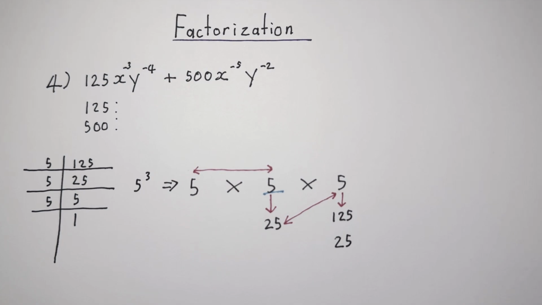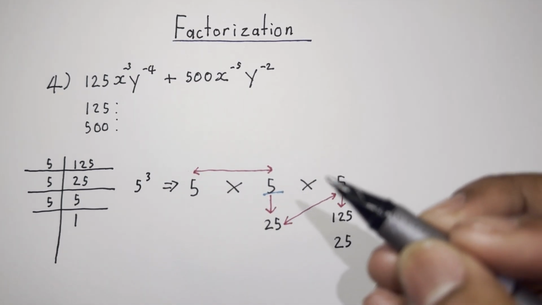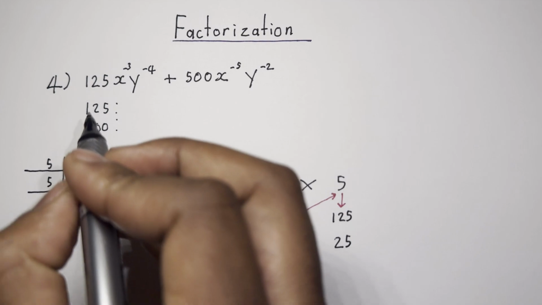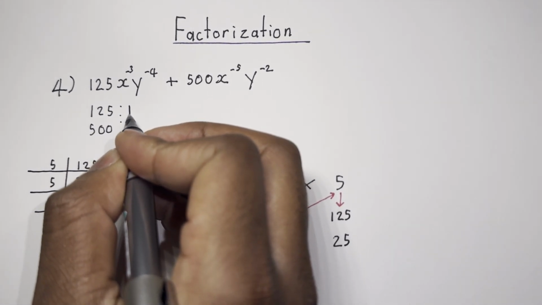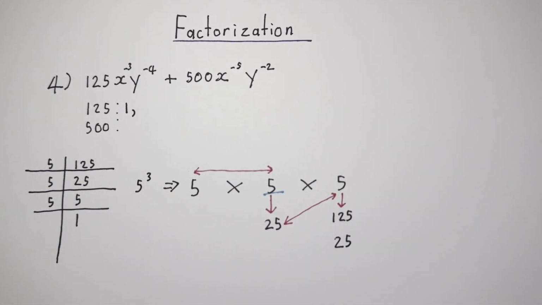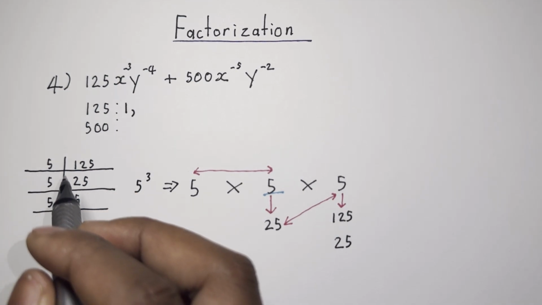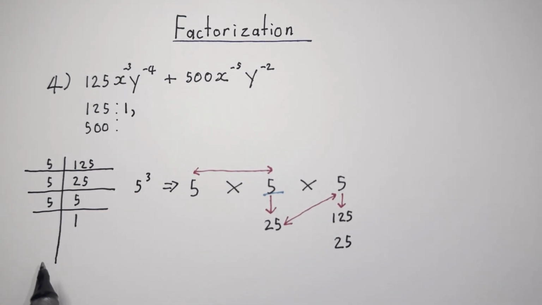All right. So upon doing this, we now need to write the factors. And 1 is always a factor. So the first factor is 1. Then we're going to write the factors in ascending order. So we look at the prime factor 5 and we see that it's the smallest.